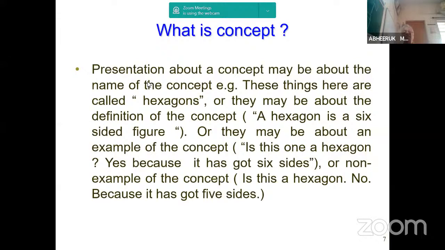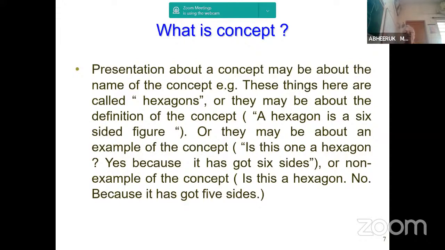Now, a presentation about a concept may be about the name of the concept and its characteristics. Here just see hexagon. We represent a particular type of figure, hexagon. It has some characteristics.